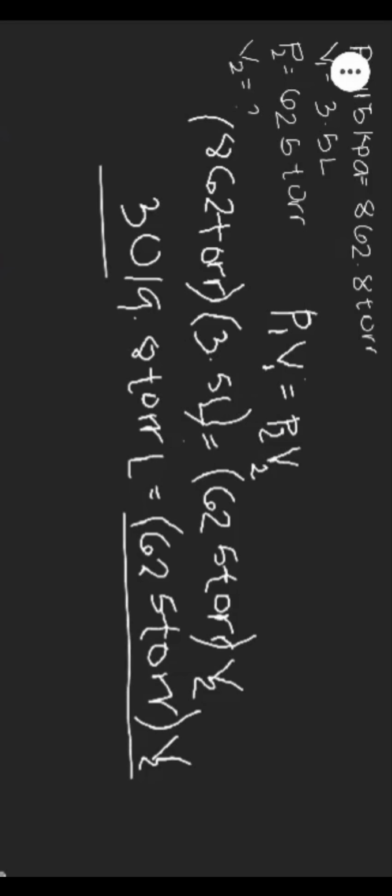Now let's divide both sides by 625. So V sub 2 is equal to 4.83 liters.